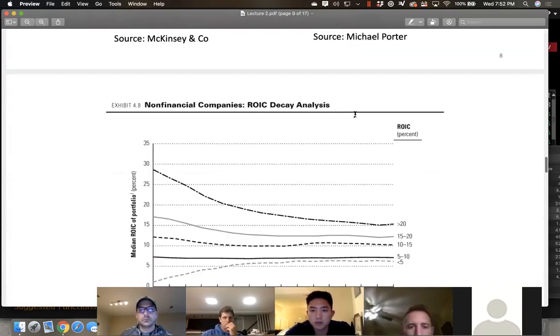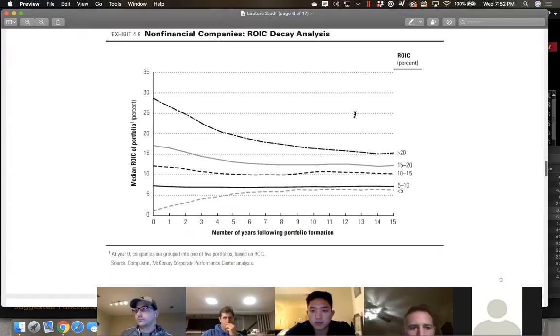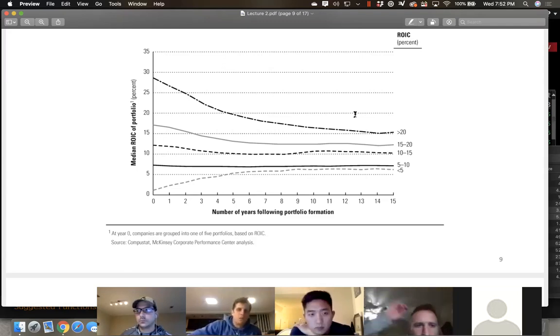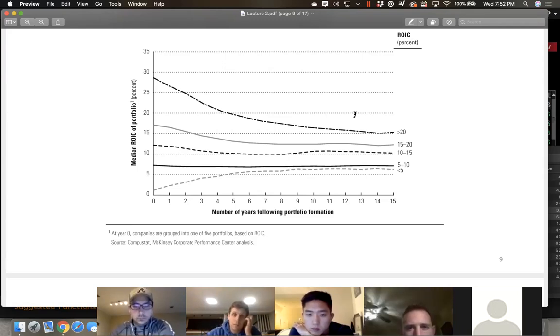So this is a chart that you should have burned into your brain from the book beyond this class. What this said was that if you broke essentially the global 1000 into quintiles and did a buy and hold strategy based on their ROIC, you saw a regression towards the mean.